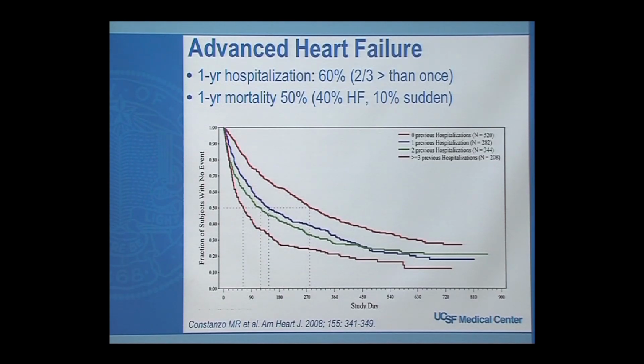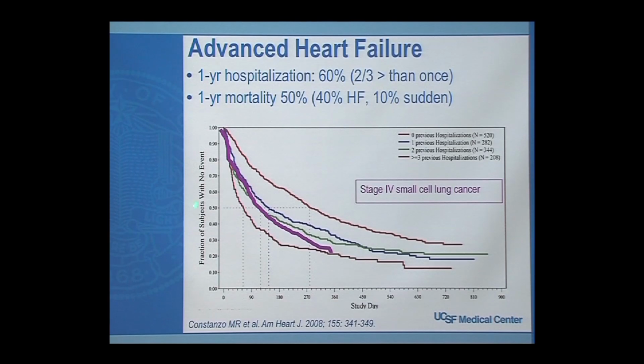So after hospitalization for heart failure, how long did you live afterwards? If you've been hospitalized just once, the 1-year mortality is about 50%, so still pretty high. But if you came to the hospital multiple times, your mortality was really, really high. So people that were hospitalized more than 3 times, almost 80% of the patients were dead within a year.